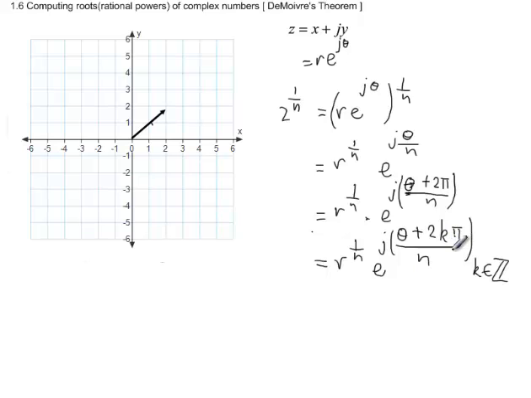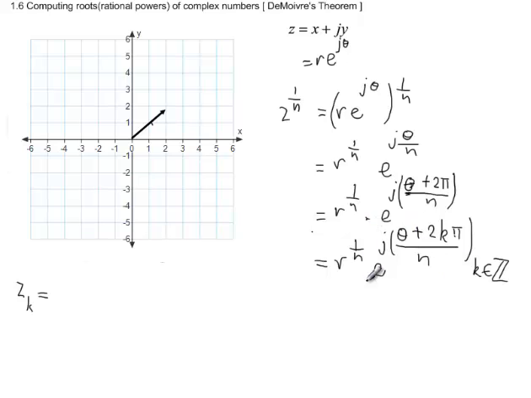And the roots of complex numbers, depending on what value n is, if n is 3, there are going to be 3 roots. If n is 4, there are going to be 4 roots. Representing in other ways, you can write this as the root number k of this number.